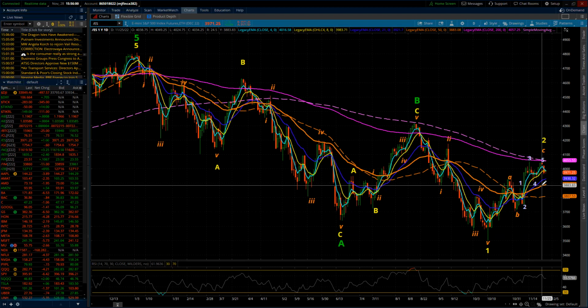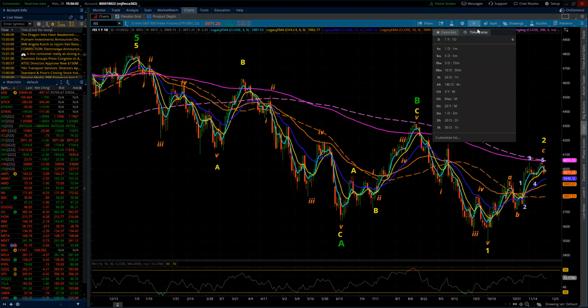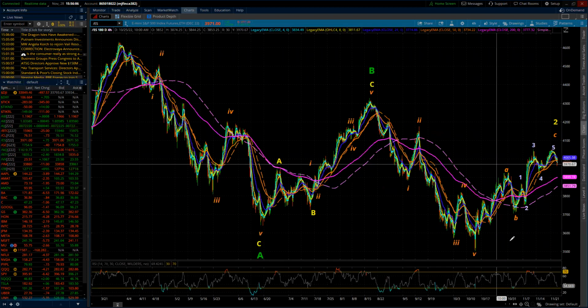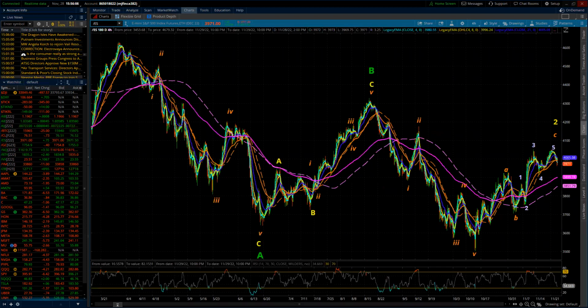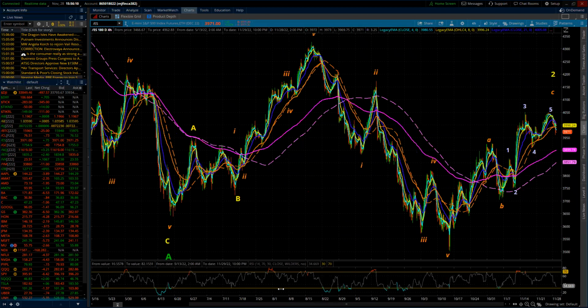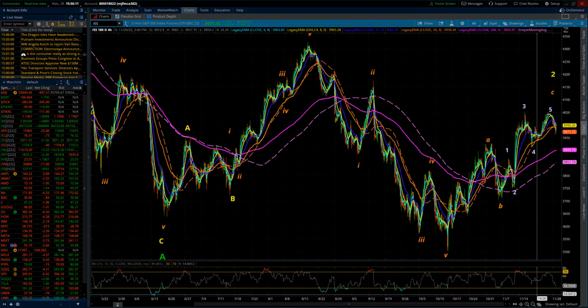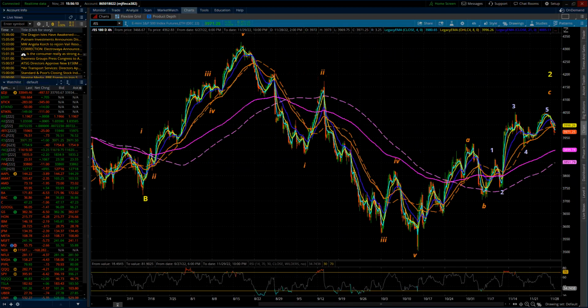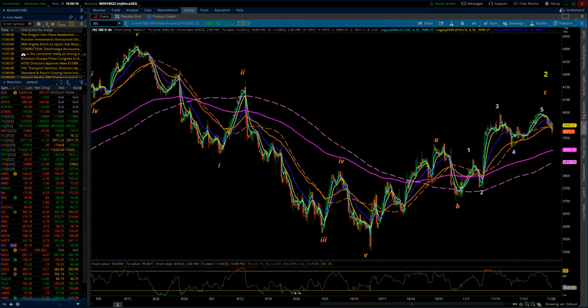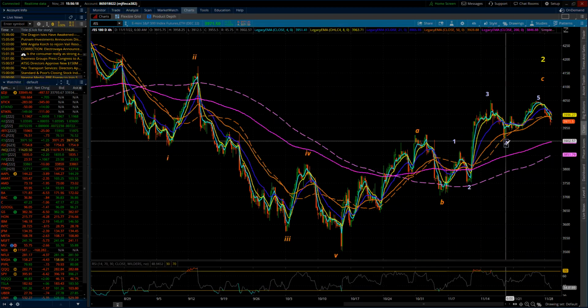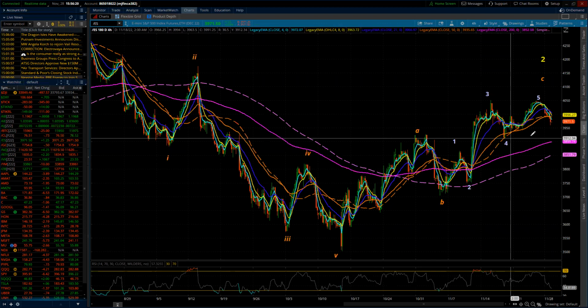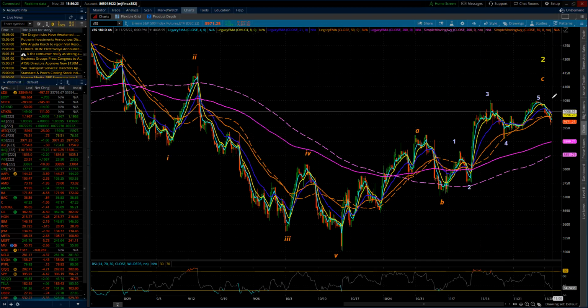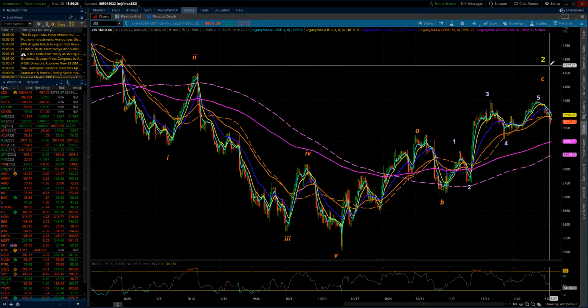Now, what do I need to leave open? Well, as crazy and as screwy as this market has been, I cannot count out that what we're going to see is an A, B, C, and the 4 comes over to here, and we still have a 5th wave up.